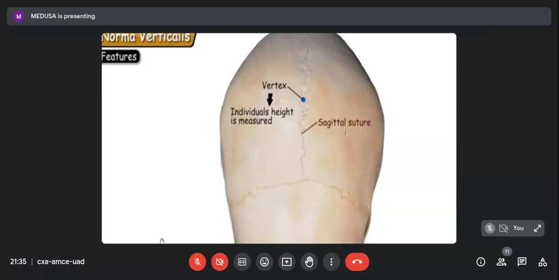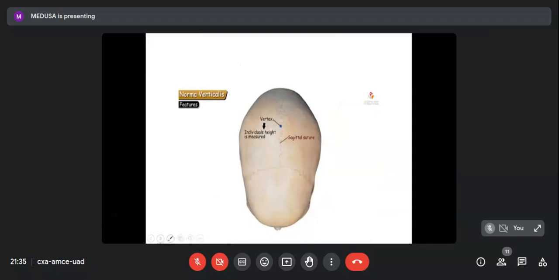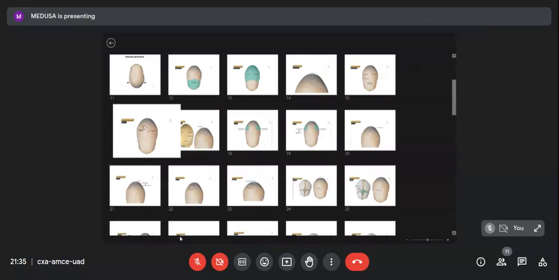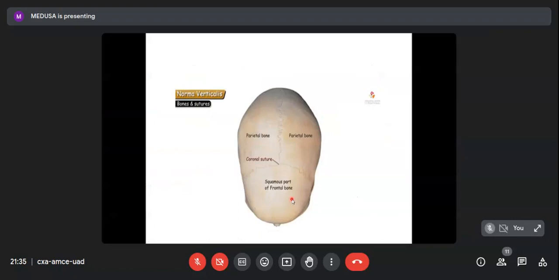Okay, this part, let me try to go back to the diagram. I want to show you something. Now look at this. We are assuming that this skull is in the anatomical position.